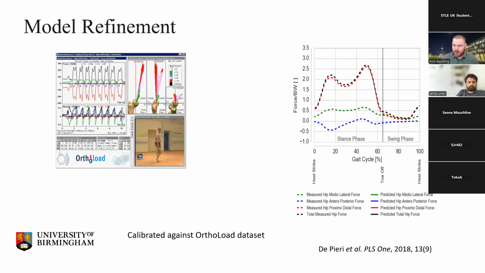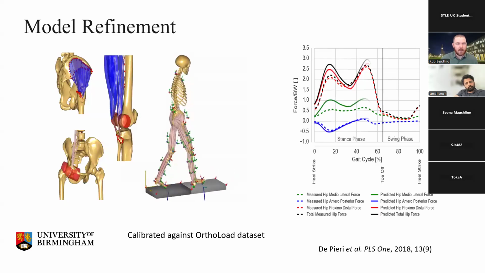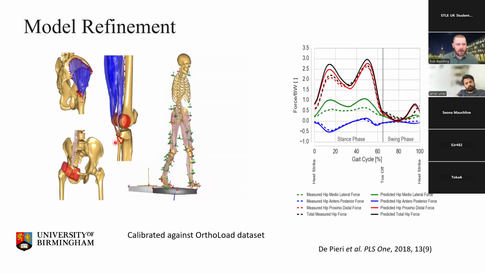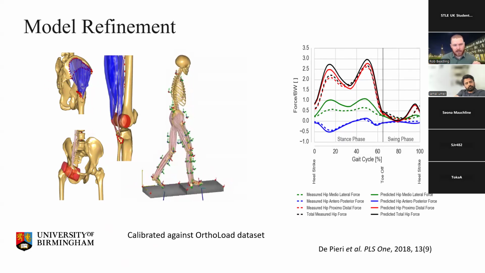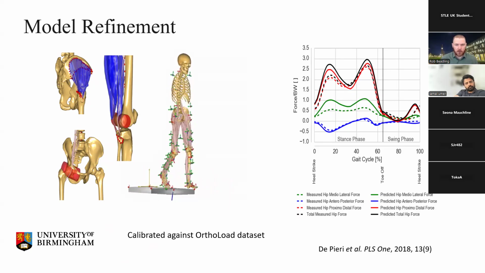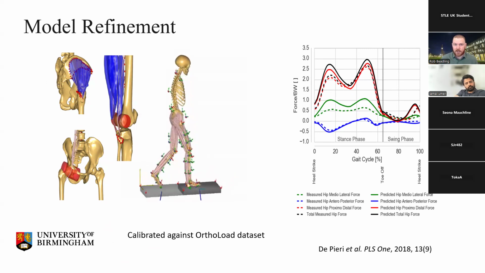You wouldn't get that through ethics these days because those implants, I think, failed after about 2 years, but it led to quite a nice data set where you can compare the motion capture from our model and then refine it according to what the actual instrumented implants are telling you. So one of the things that we found was the muscle attachment points and various other parameters in the model were particularly sensitive, but we ended up getting a fairly close agreement on our model using the Bergmann data set to what his implants actually measured.